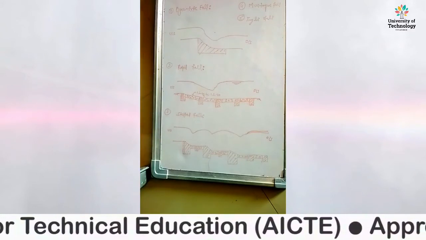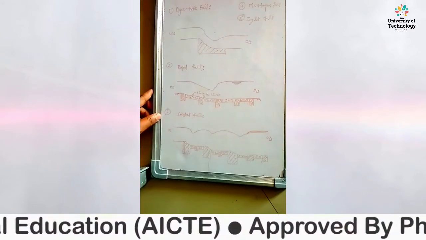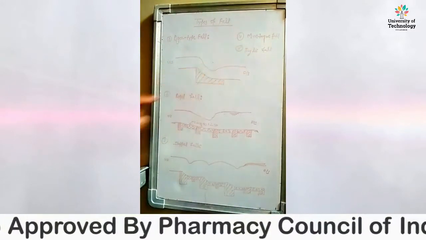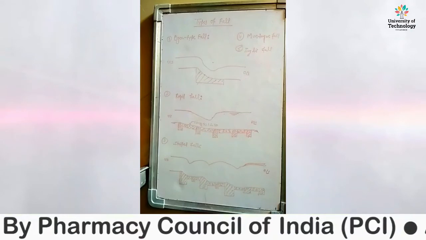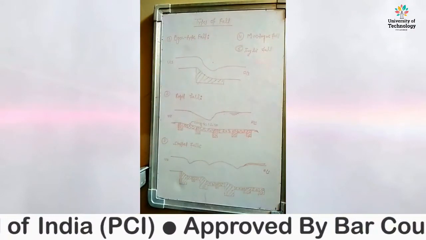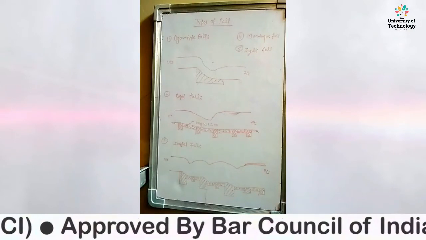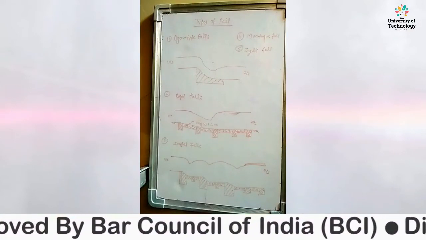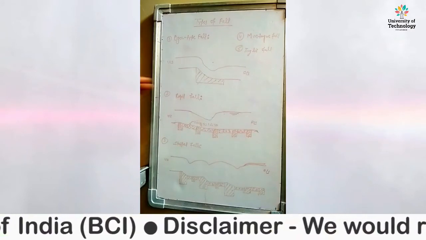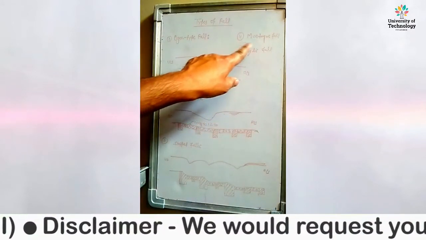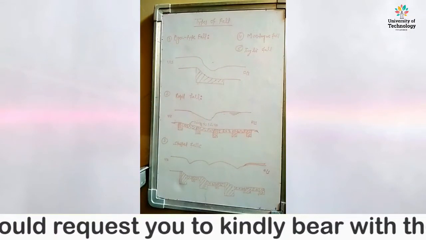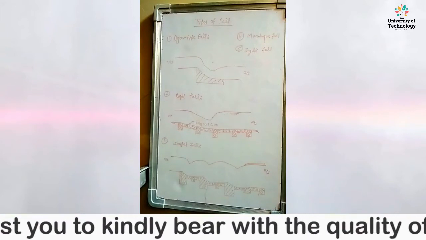And the next one is the Montague fall. It is a modified form of the glacis fall, in which a parabolic glacis known as the Montague profile is provided.